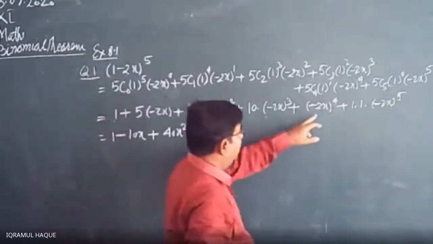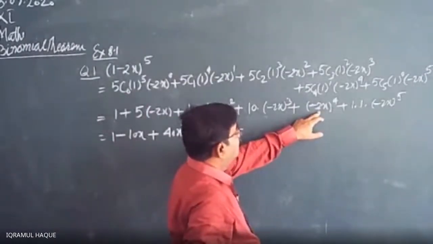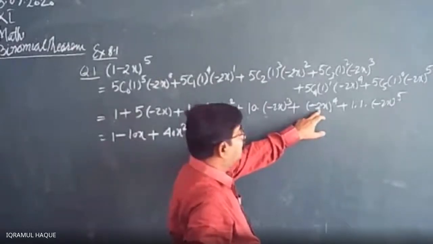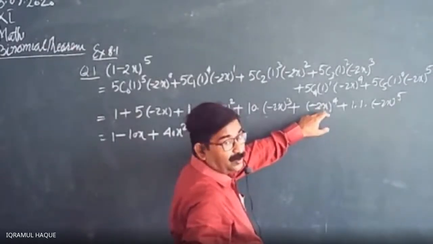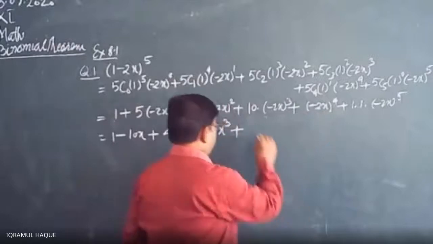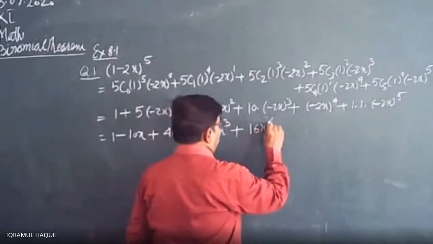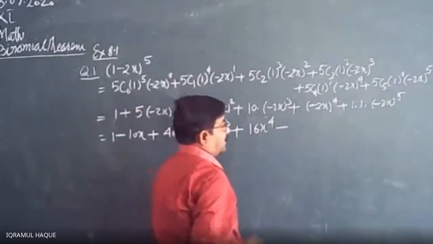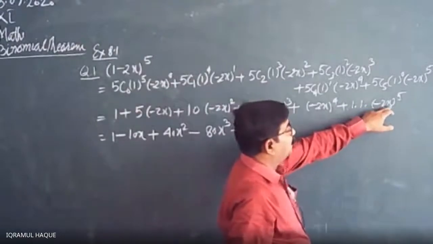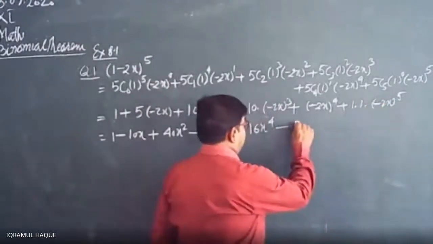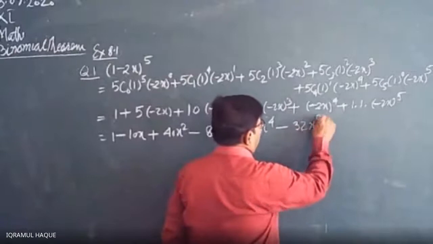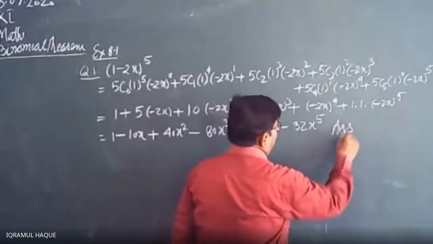Plus, here we have 2 to the power 4, which is 16, the power is even so positive, 5 times 16 gives 80x to the power 4. Minus, here minus 2 to the power 5, that is 32x to the power 5. This is the answer of this expansion.